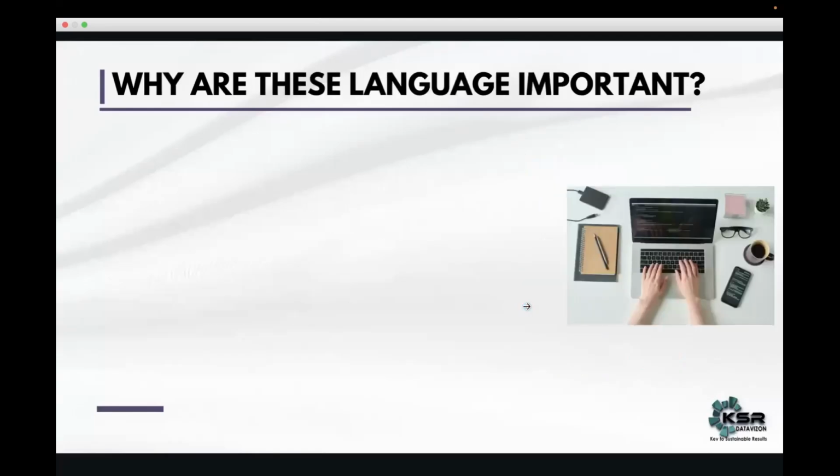Let's move ahead. So why are these languages important? Can anyone tell one reason why programming languages were made and why these languages are important? Anyone? I want this to be interactive. Okay. So please communicate.